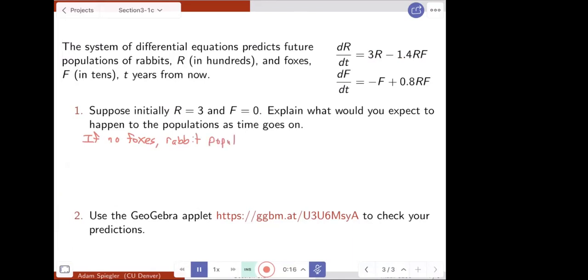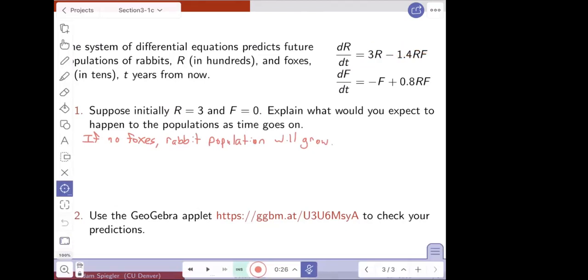That makes sense. And we see that again reflected in this differential equation: if we had no foxes, then this term would not be around, and dR/dt would just be given by this piece of the equation, and that's positive, so we see the rabbit population would go up. And what would happen to the fox population, coincidentally?